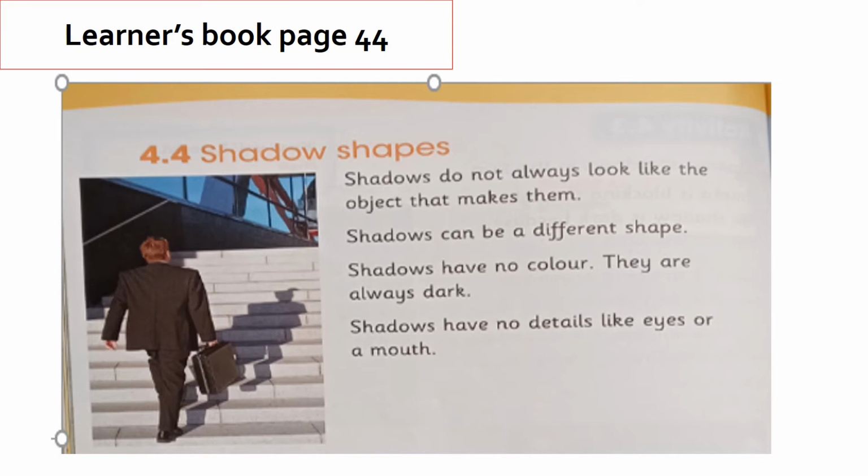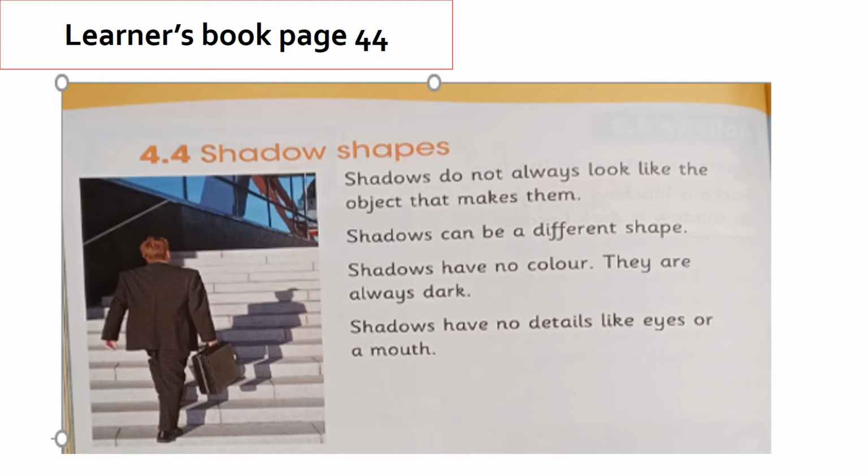In our learner's books, page 44, we are being told that shadows do not always look like the object that makes them. Shadows can be a different shape.